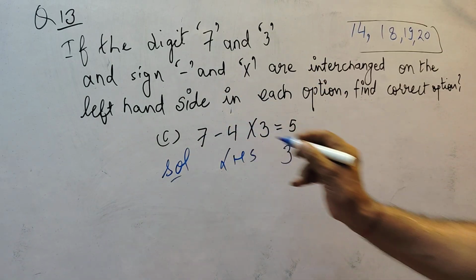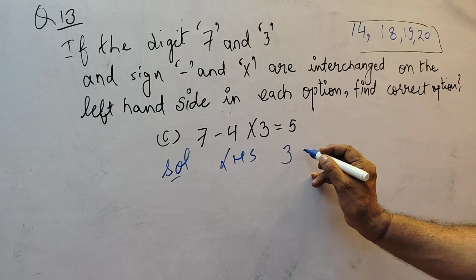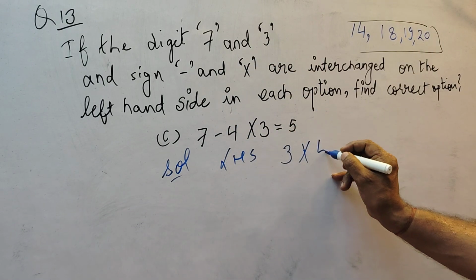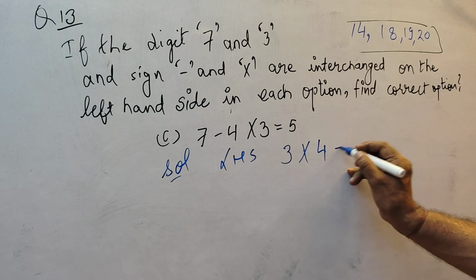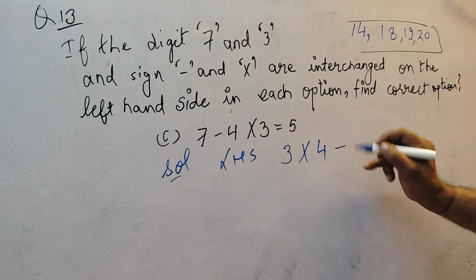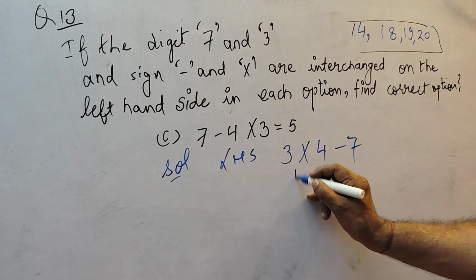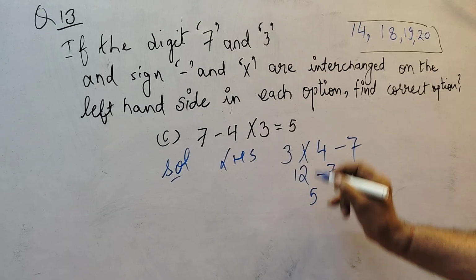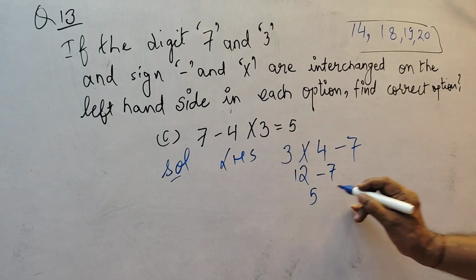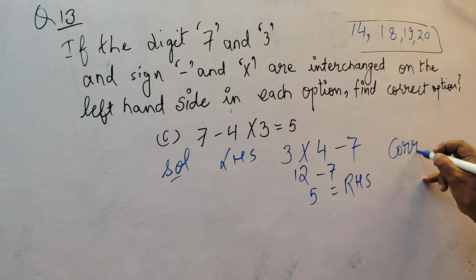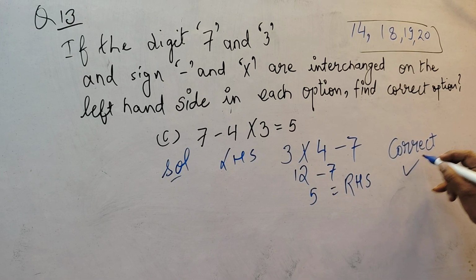So we write 3 instead of 7, then minus is replaced with multiply. 4 remains as it is, and multiply is replaced with minus, 3 is replaced with 7. Now 3 4s are 12, 12 minus 7 is 5. It is equal to 5. The right hand side is also equal to 5. So it is correct. That's why option C is the correct answer.